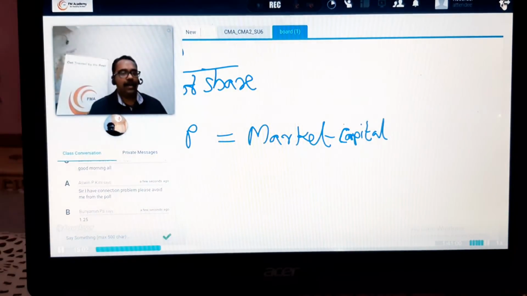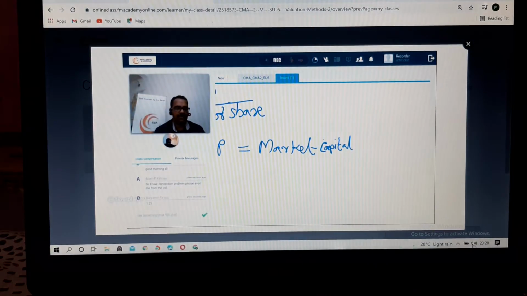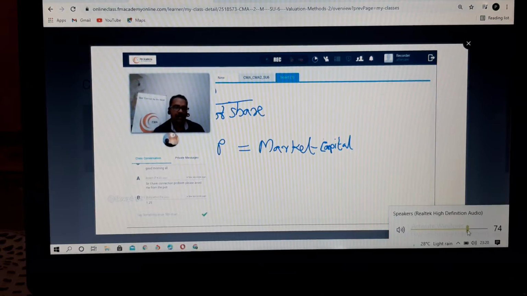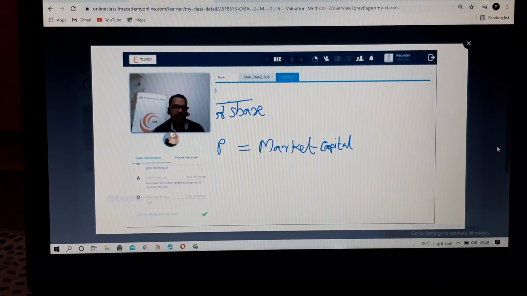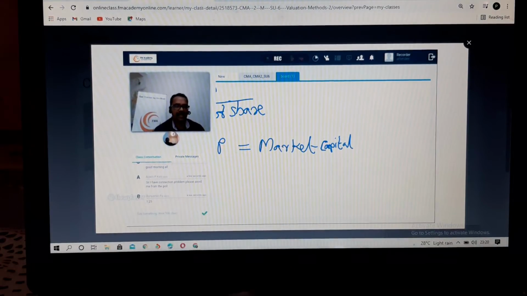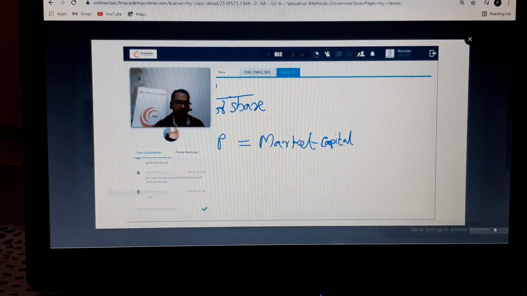So the 11 lakh crores, which is 11 trillion, is nothing but, for Reliance, the number of shares they have, and per share every day the price is getting quoted.